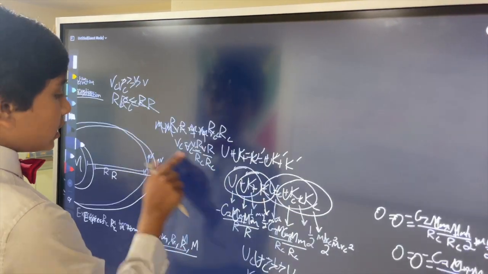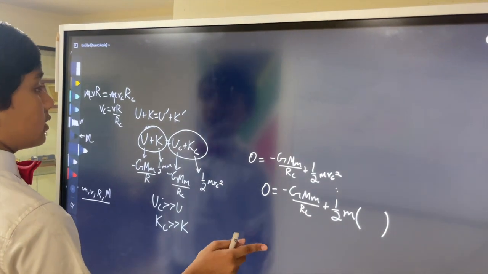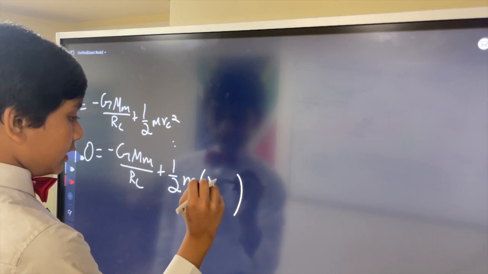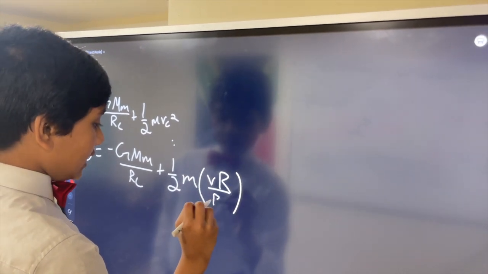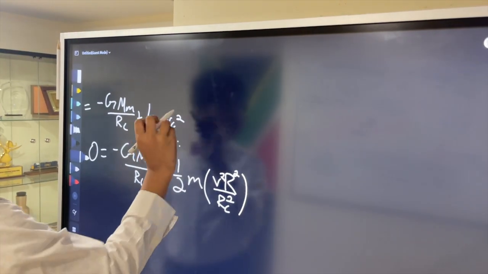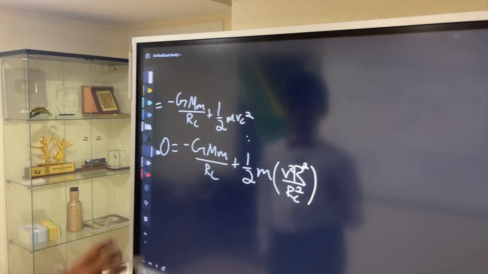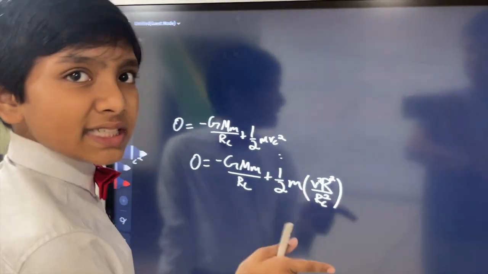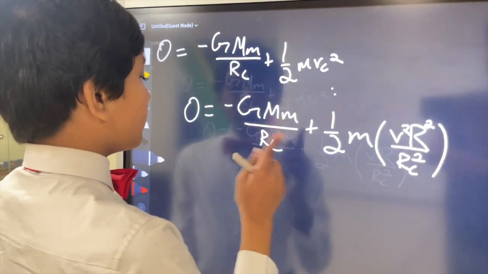So we have VR over RC, right? Yeah, gotta make sure that's correct. Okay, VR over RC, and remember, this is squared because we squared this entire thing at the beginning. So now, here's the little trick that we can use. We can multiply everything by RC to get rid of these weird denominators.